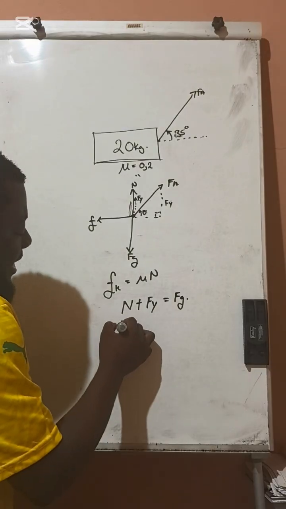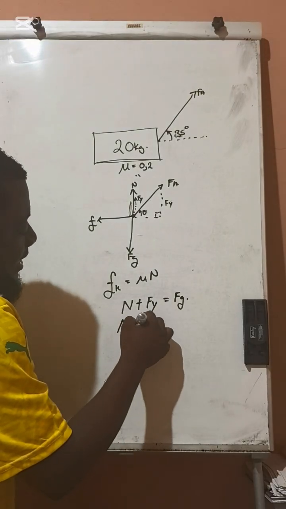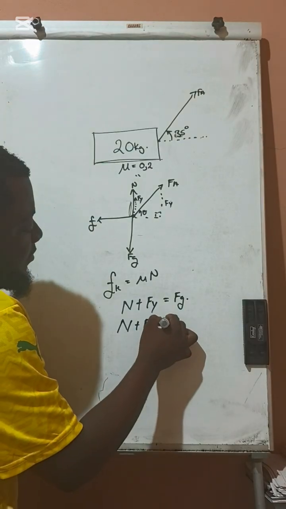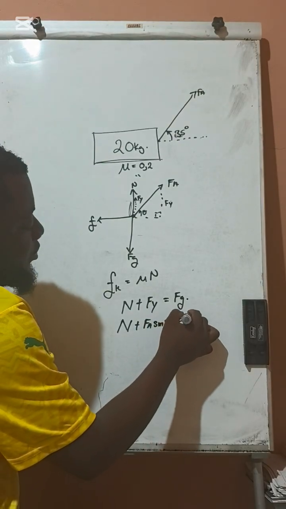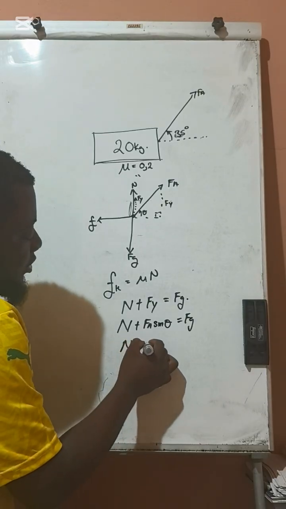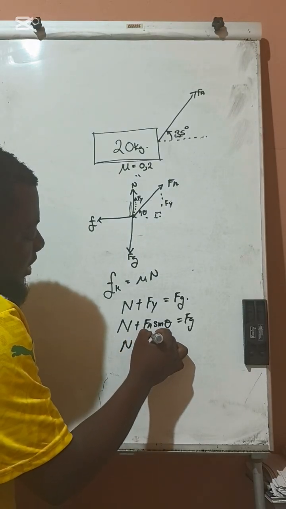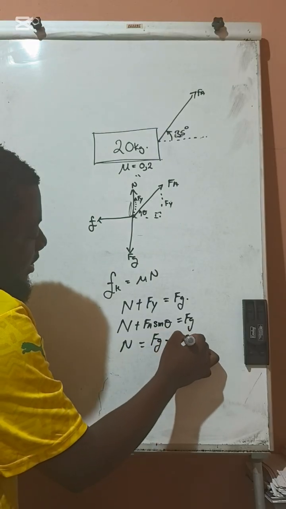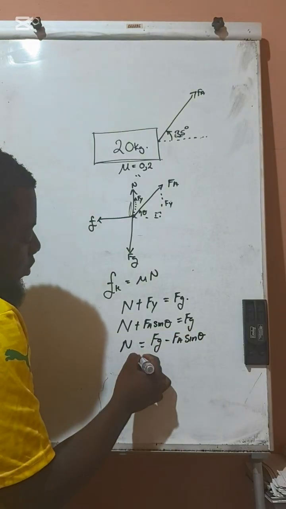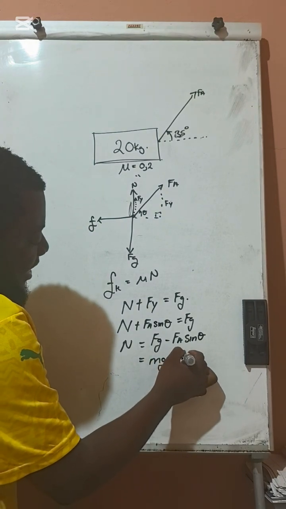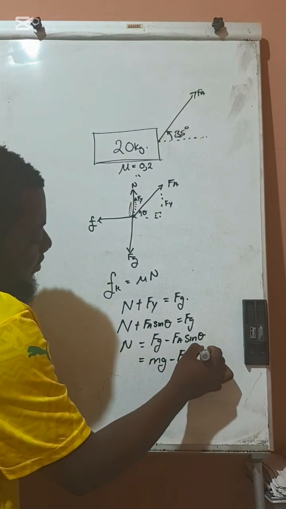That's why normal force plus Fy is the same as Fa sine theta equals Fg. So normal force will now be equal to Fg minus Fa sine theta, which is the same as mg minus Fa sine theta.